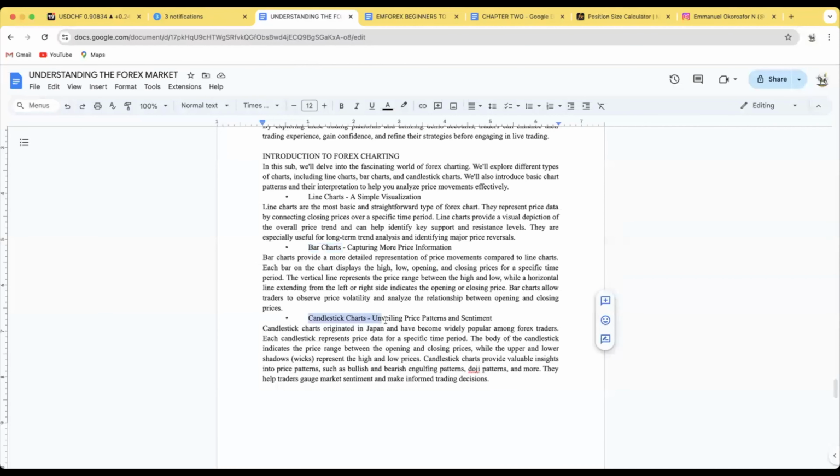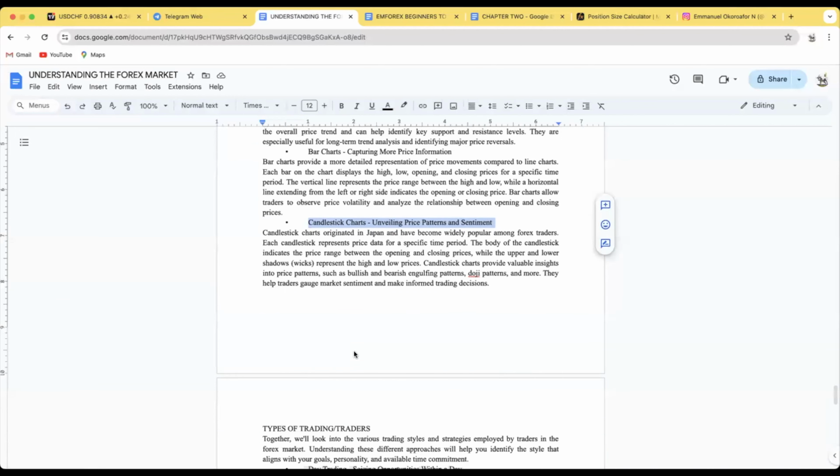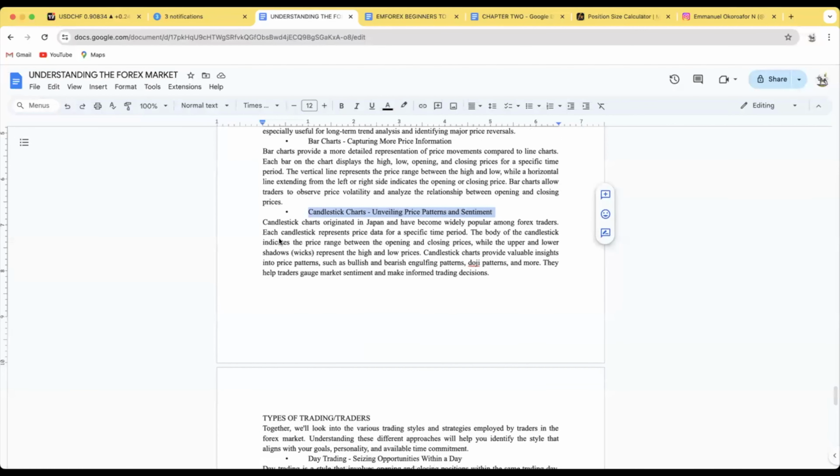Okay, so now the candlestick, unveiling price patterns and sentiment. Candlesticks originated in Japan and have become widely popular amongst forex traders. Each candlestick represents data of a specific time period. The body of the candlestick indicates the price range between the opening and the closing price, while the upper and lower shadow, or wick, represent the high and the low price.